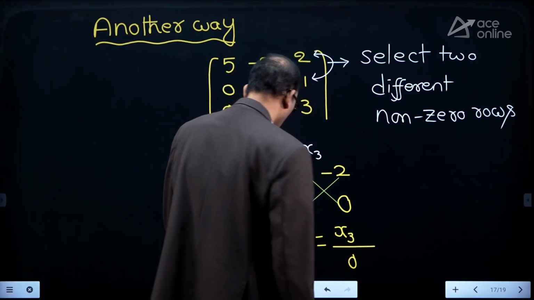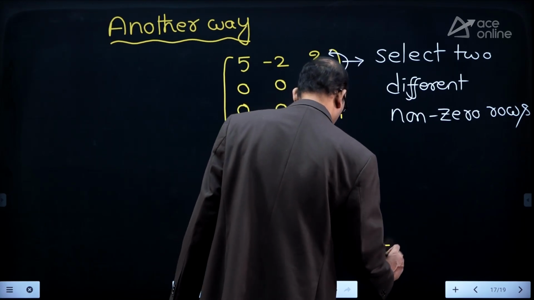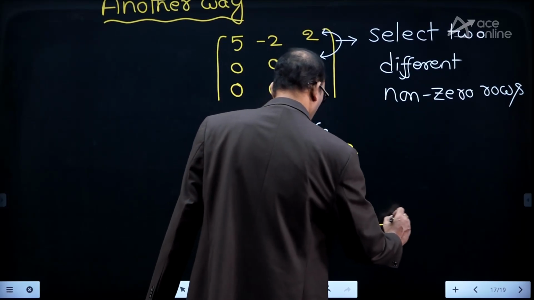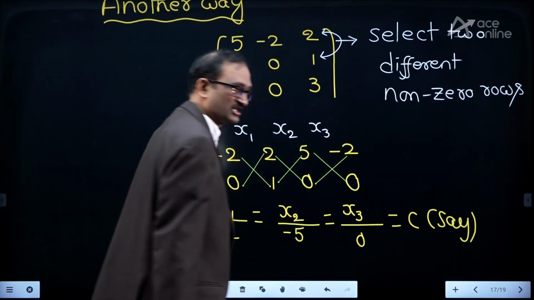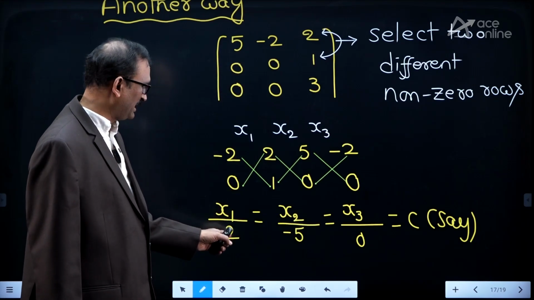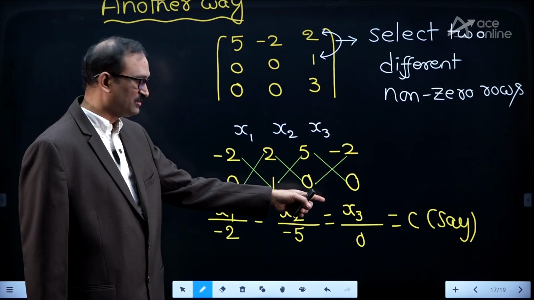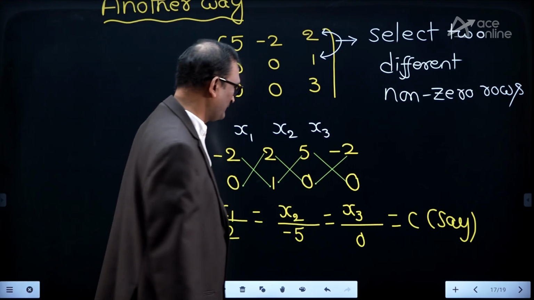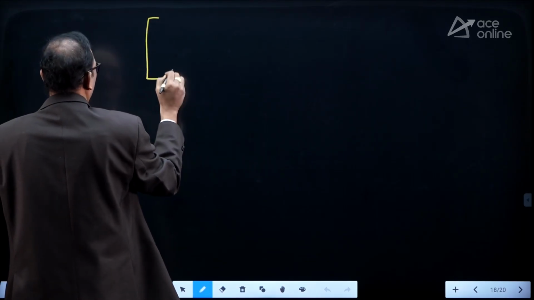So therefore we got x1, x2, x3 values, let it be C. So x1 value minus 2 into C, minus 2C, x2 value minus 5 into C, minus 5C, x3 value 0 into C, 0.